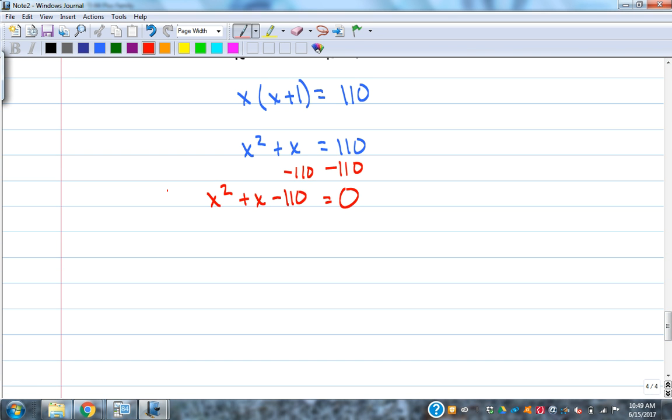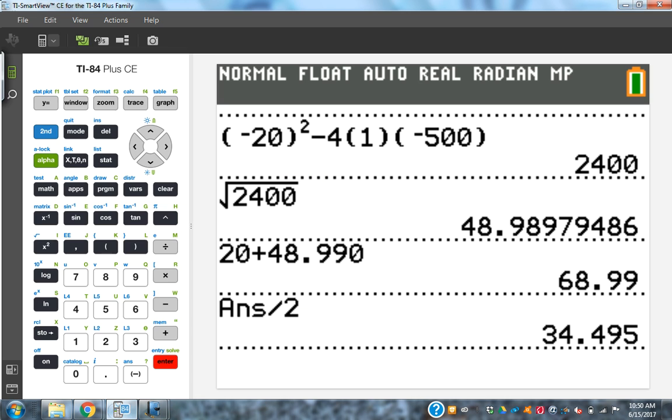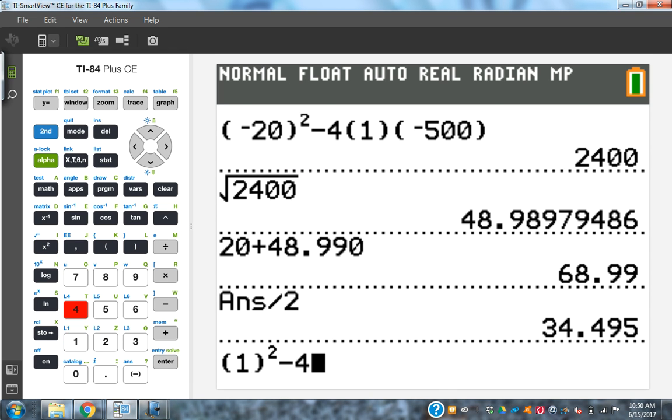So I'm going to use the quadratic formula again because I know it's going to work, and I don't have to do a whole lot of guessing on that. So b squared minus 4ac: 1 squared minus 4 times 1 times negative 110.